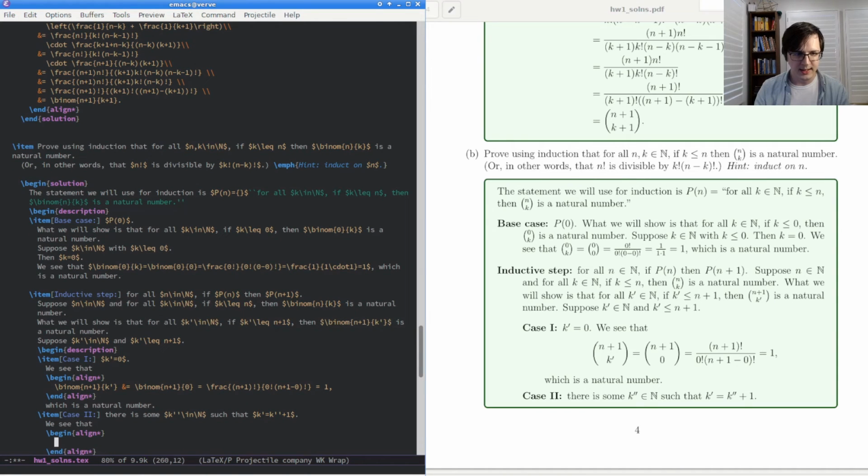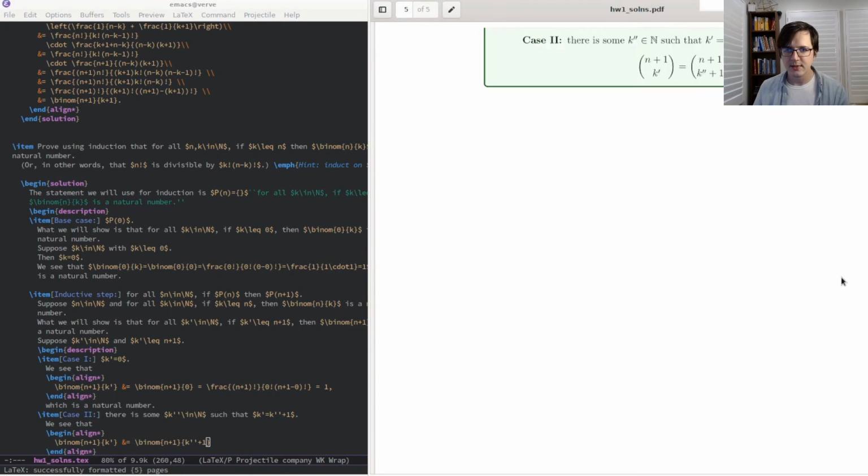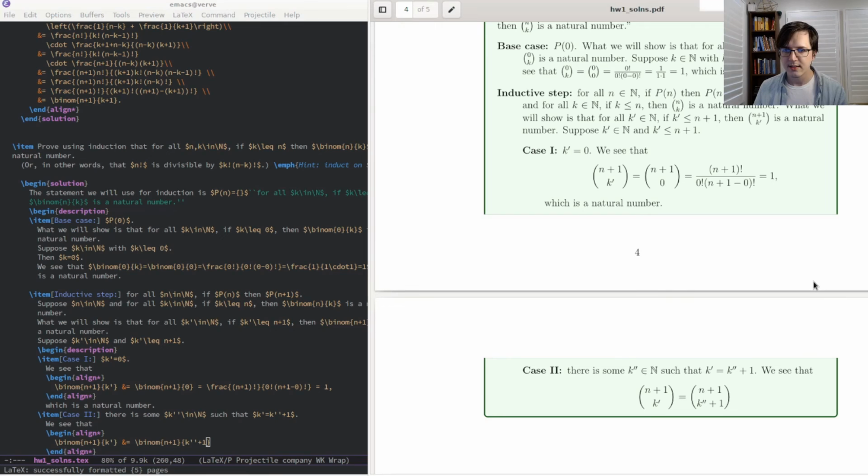Let's set up in a line what we have so far. Okay, so case 2: there's some k double prime such that k prime is k double prime plus 1.